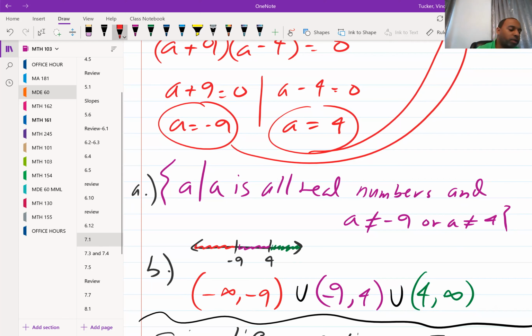Notice how we have our intervals broken up: from -infinity to -9, -9 to 4, and then 4 to infinity. That shows us in interval notation that we can use any value we want except for -9 and 4. Anything less than -9, anything between -9 and 4, anything greater than 4.